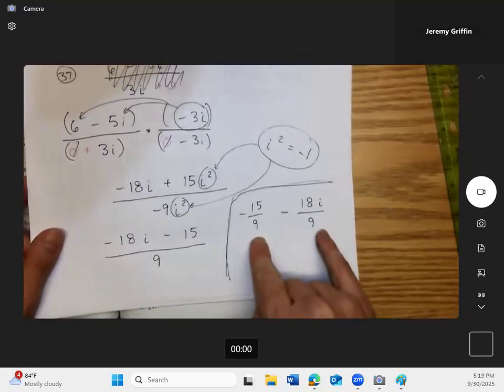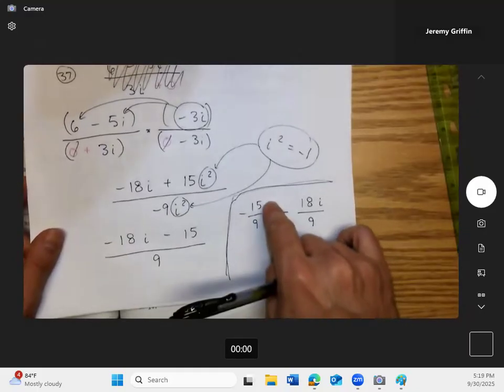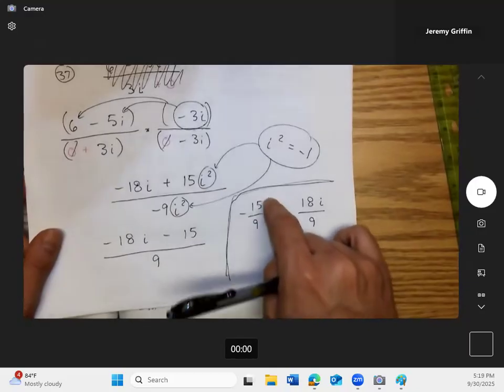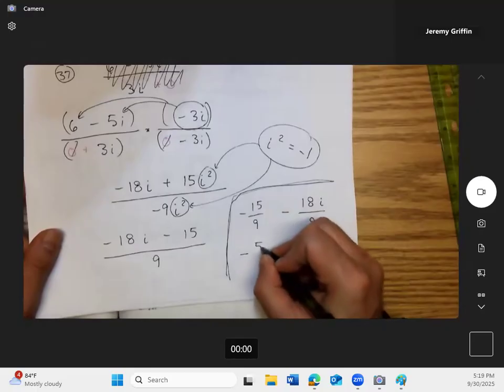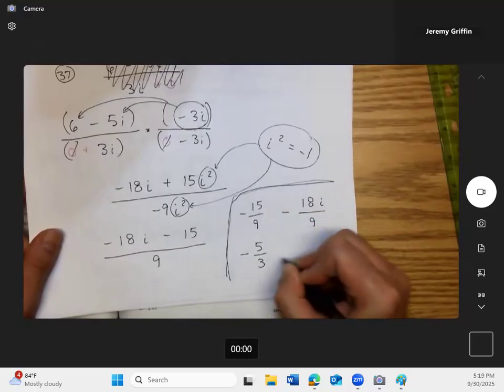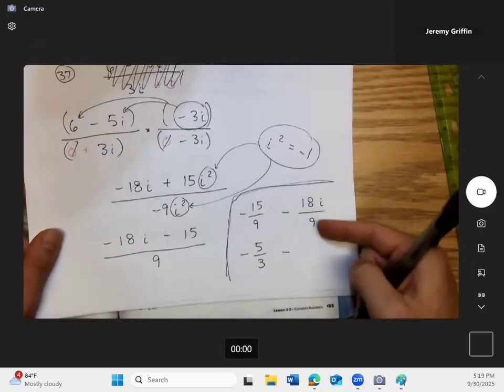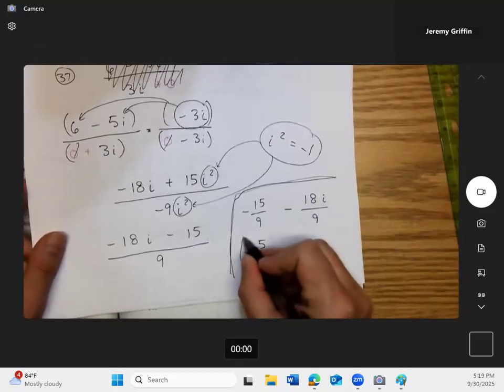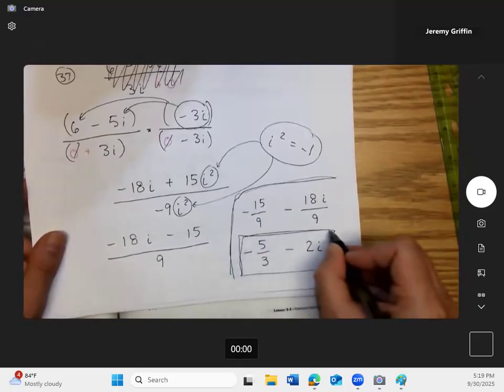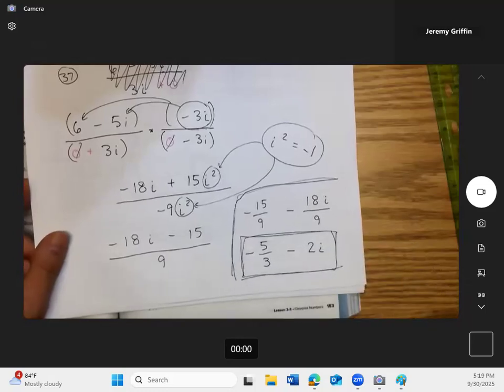Actually, both of these can be reduced because 15 is a multiple of 3, and 9 is a multiple of 3. So take out 3 over 3, that's 5 over 3. So that's negative 5 over 3 minus, and then 18 over 9 is 2, so it's 2i. So I think this would be one way you could write the answer. Yeah, that should work. Okay, looks good.